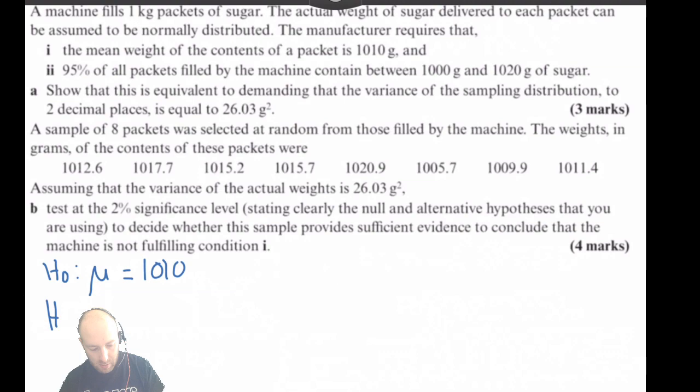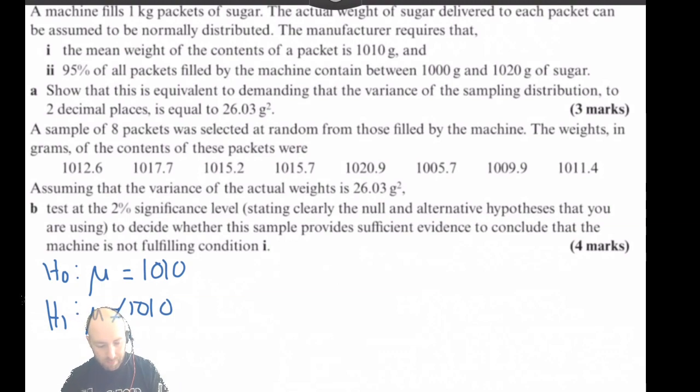H1 is that mu is just different to it, because the condition we need to fulfill is that the weight is that. If it's not fulfilling that, the weight is not that. Could be more, could be less.